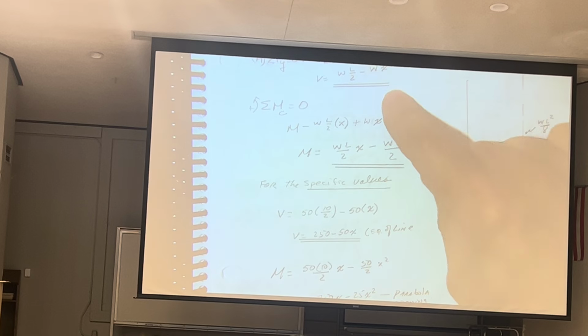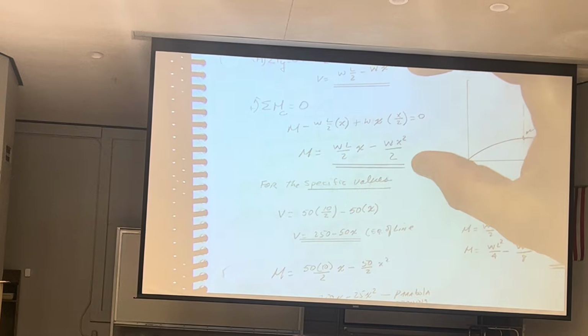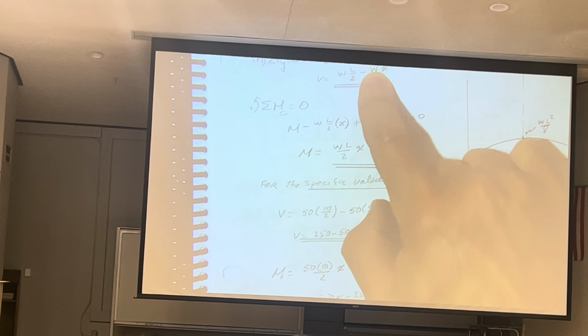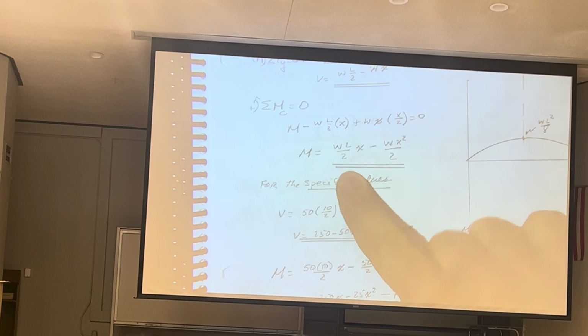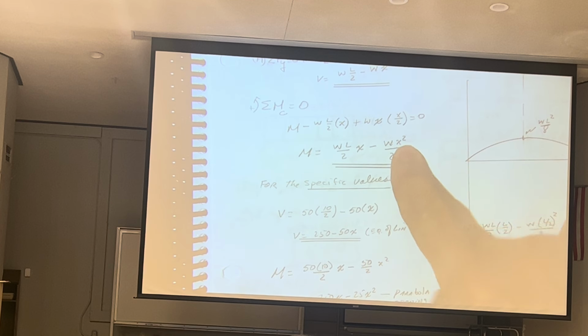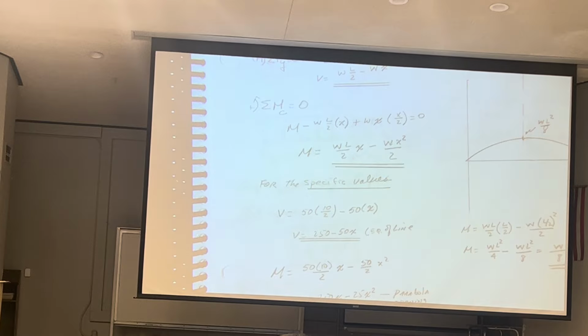And there you have my equations for the shear and bending moment. This is a line with a slope of W, y-intercept WL over 2. This is my bending moment, which is a parabola. It's x squared. So this is my A, that's my B, and my C happens to be 0 for the parabola.